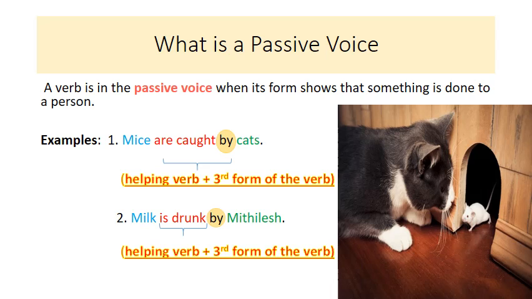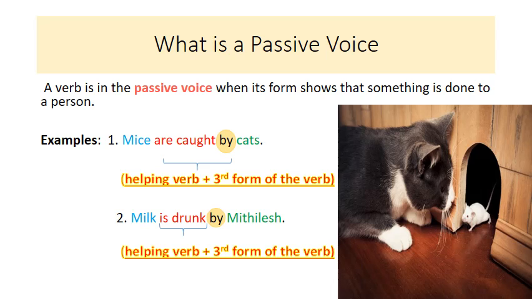Or it can be said, a verb is in the passive voice when its form shows that something is done to a person. Let's understand with the help of examples.